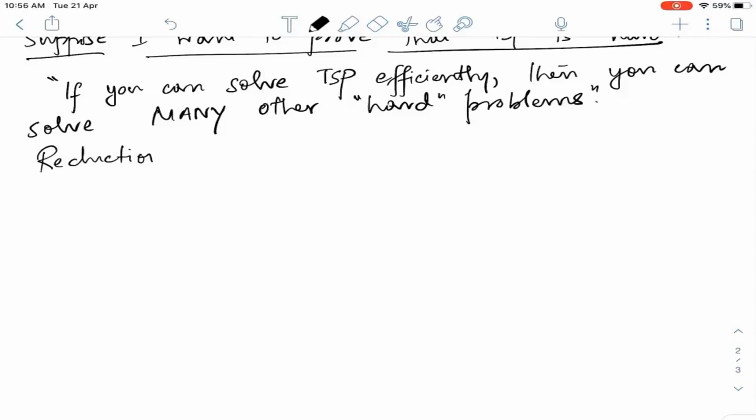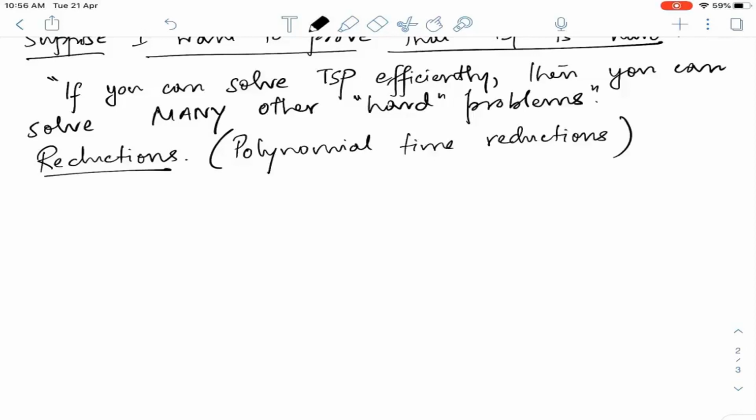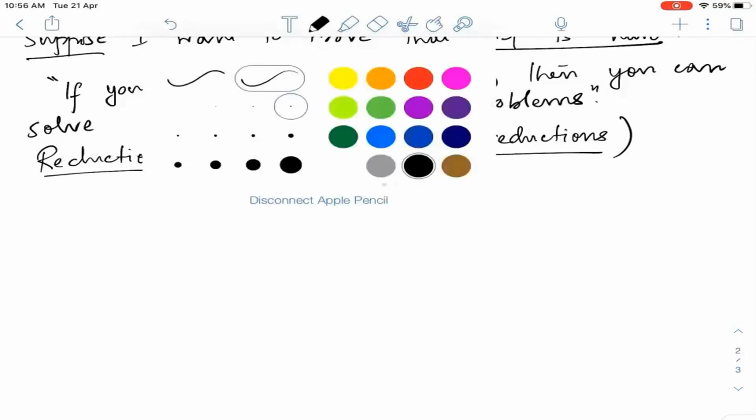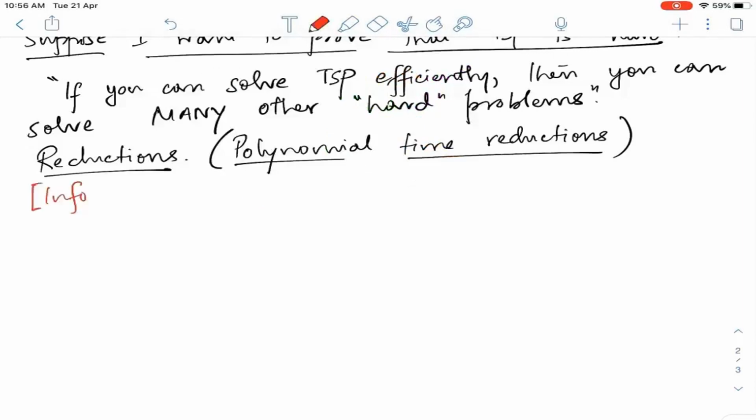When I speak of reductions in this course, I always mean polynomial time reductions. So what do I mean by reduction? Well, I essentially mean exactly what I have written above, but this is again a bit informal. So, informal definition.